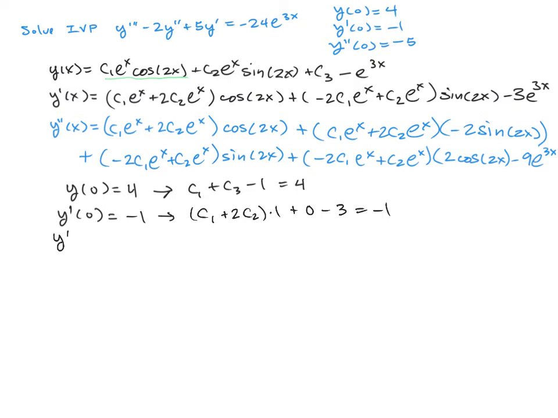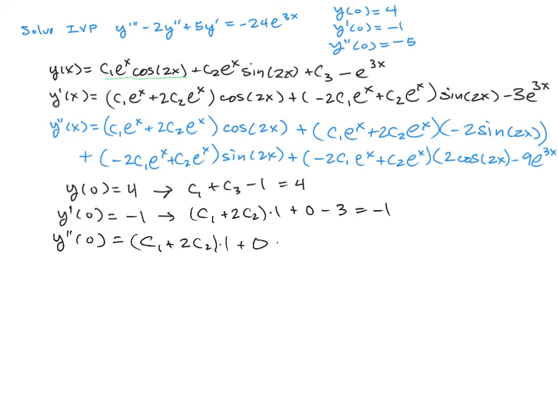And then finally, from the y double prime, we'll just use the big bloated form that we have here. That's going to be the c1 plus 2c2 again. Since that's times the cosine, it's going to stay there and be times 1. The second term is going to vanish because it's times the sine.